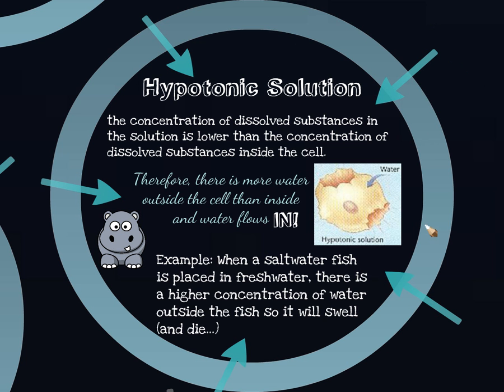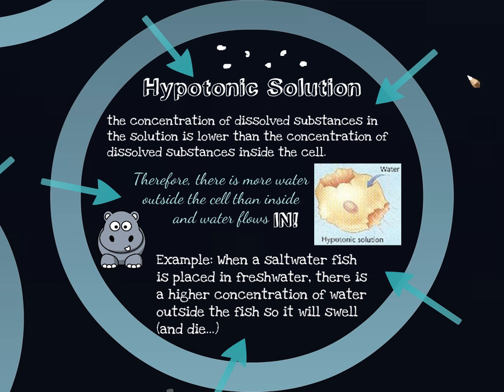So maybe in this case we could say we've got pure water outside the cell, with fewer solute molecules than there are inside the cell. So you can imagine we've got some salts dissolved inside the cell, but pure water around the outside. So hypotonic means a lower solute concentration on the outside of the cell.